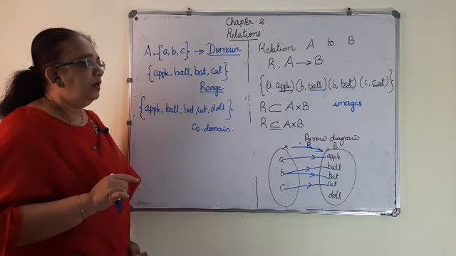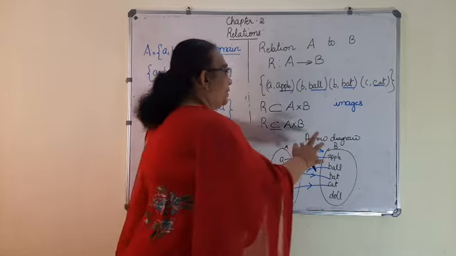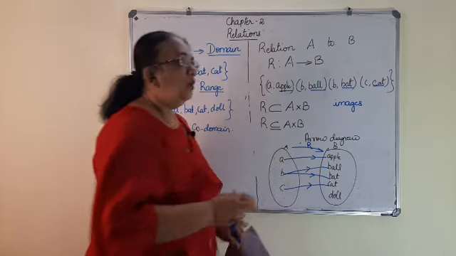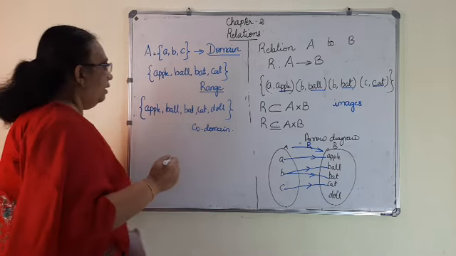The definition is given in that form. A relation is easily represented by means of an arrow diagram.